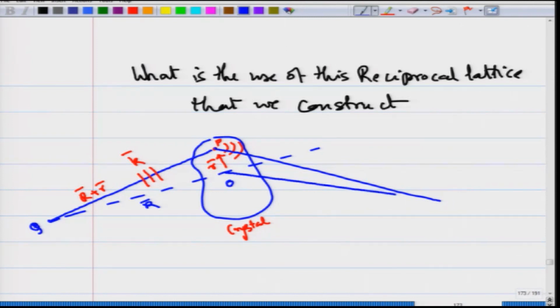At another point B, r prime, this is where you are measuring the scattered beam, and this is of course r prime minus r, and you are getting the wave fronts reaching point B. And we had found that if I write the intensity at point B using the electric fields that are hitting point P and then diffracting out and integrating over the entire crystal, then it was proportional to the square of the initial amplitude of the wave which is coming divided by the square of the distance of B from the crystal.